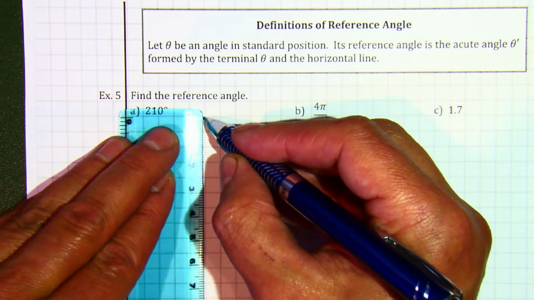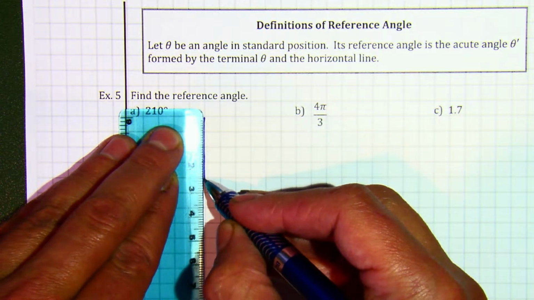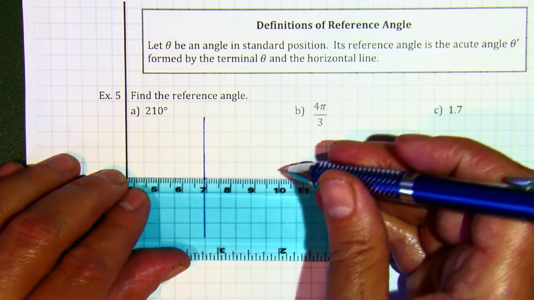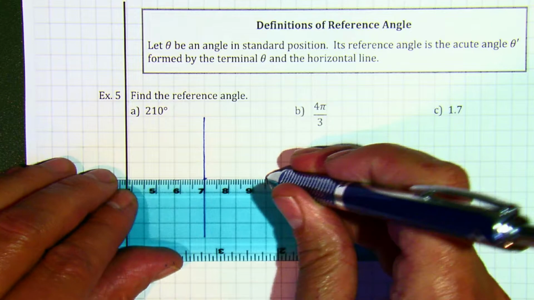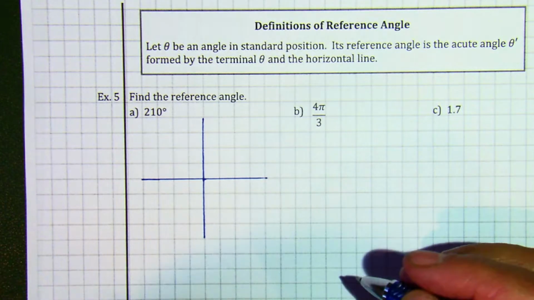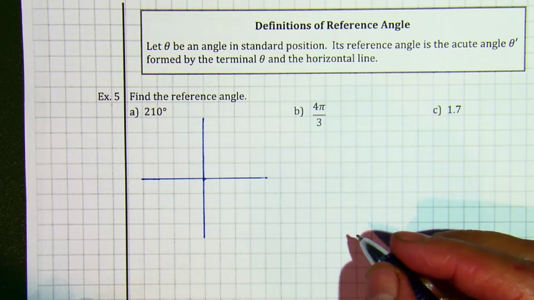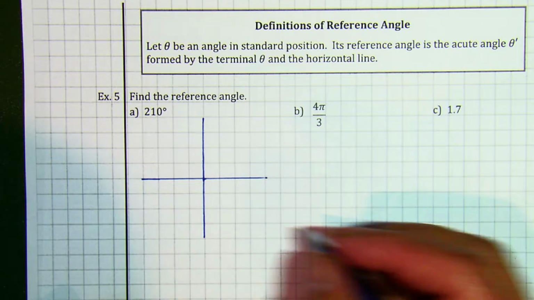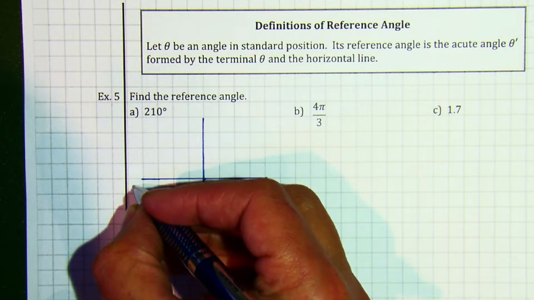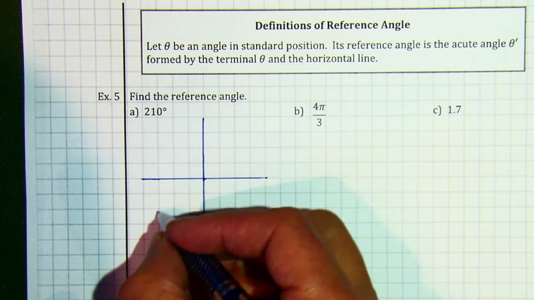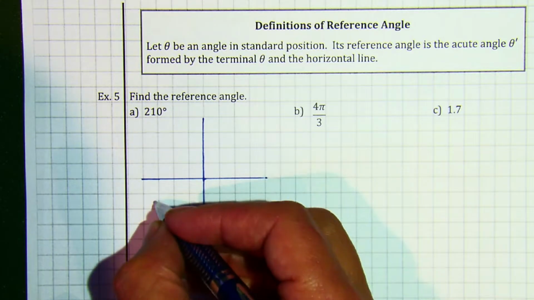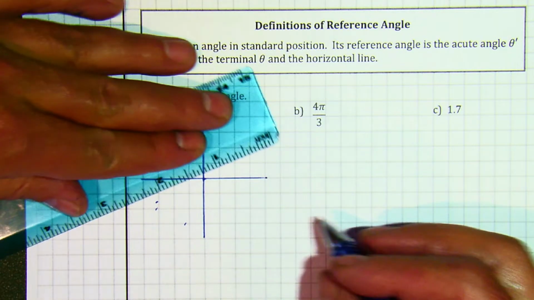I'll place my angle. I'm going to make it 4 by 4. So first, where is 210 degrees? Well, I know that this is 180. 30 more degrees is 210, so I'm going to place my 2 dashes evenly spaced, or a little more towards the x and the y axis.